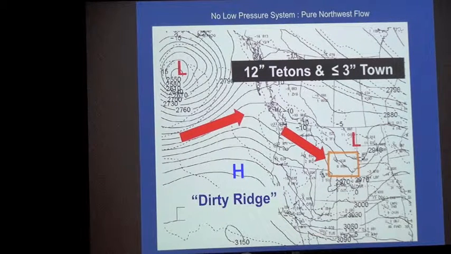Often referred to as a dirty ridge. It doesn't have anything to do with porn or anything like that. It's just a term because the ridge out here has a lot of moisture moving over the top of it. So it's actually moving through a ridge of high pressure, sinking air here with clockwise circulation, and then counterclockwise here, combining with clockwise here to make the ridge bulge up and then comes down in the northwest flow.